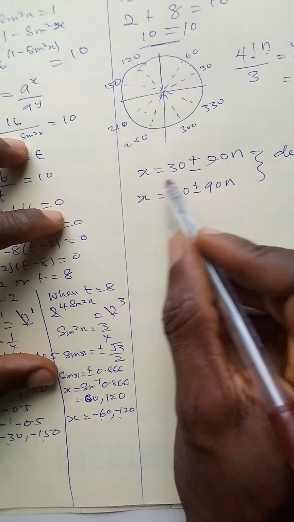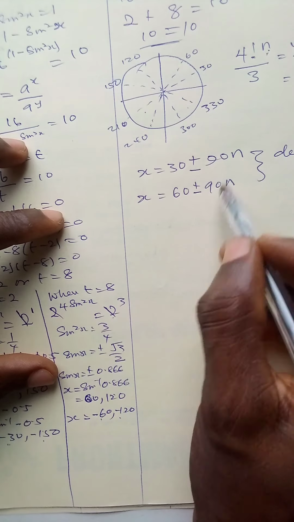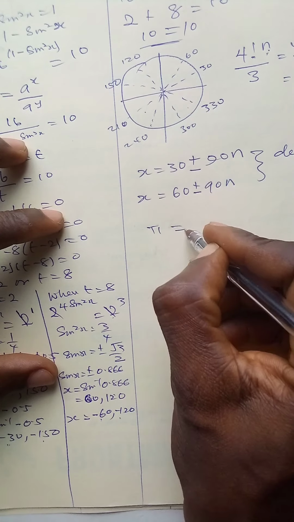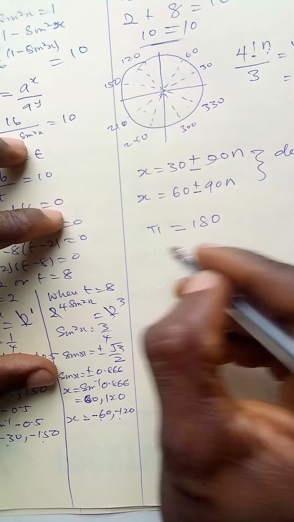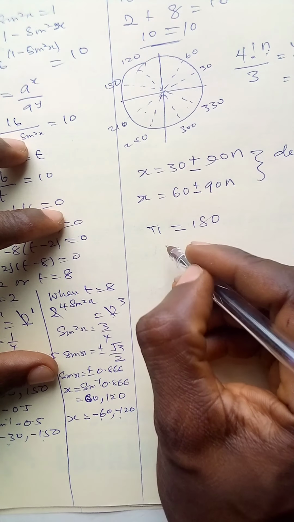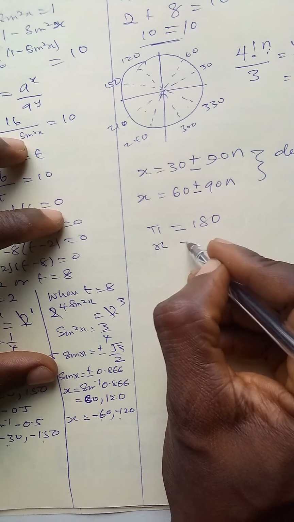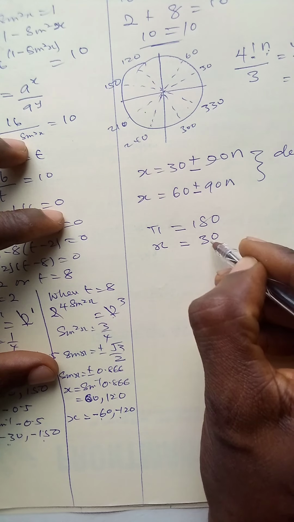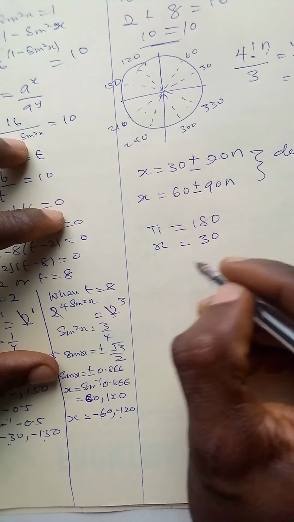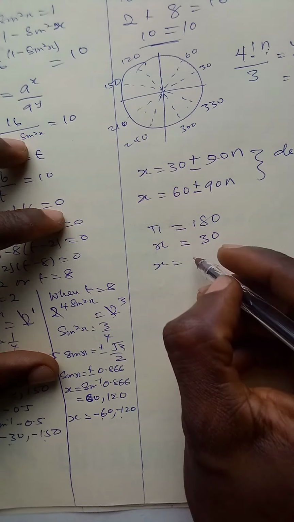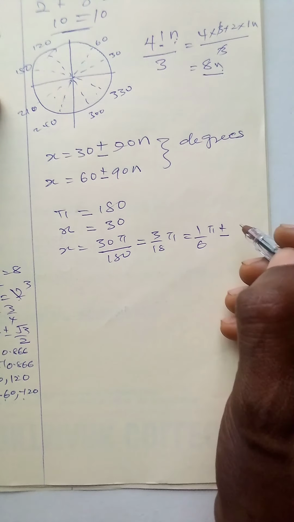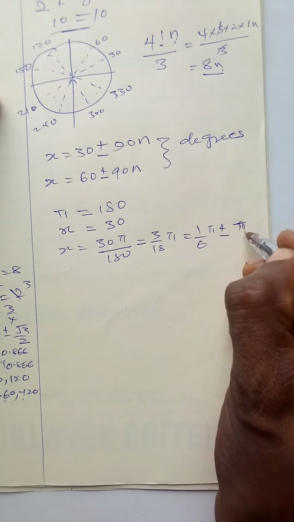I can convert the solution points or the general solution into radians. That is, pi radians is equal to 180 degrees. And if that's the case, if I have x, then I need to express 30 in radians. So I'll do this. Generally, I can add and subtract 90 from it, and 90 is pi over 2.